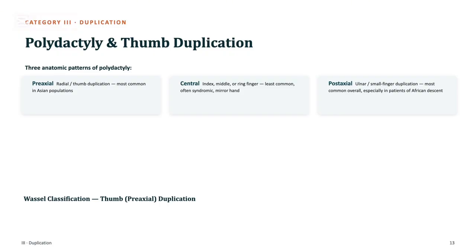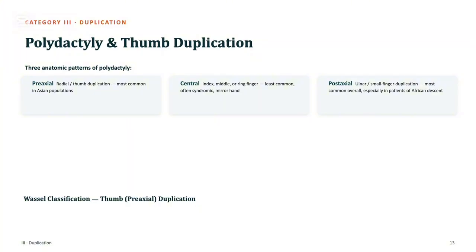Why? The postaxial most probably appears like a rudimentary part of the little finger, which parents usually tie with a thread and cut, or go to someone to cut it. But as a surgeon, you deal mainly with the preaxial or the central. The preaxial is thumb duplication; central may occur as a mirror hand. You may find the patient with 8 fingers.